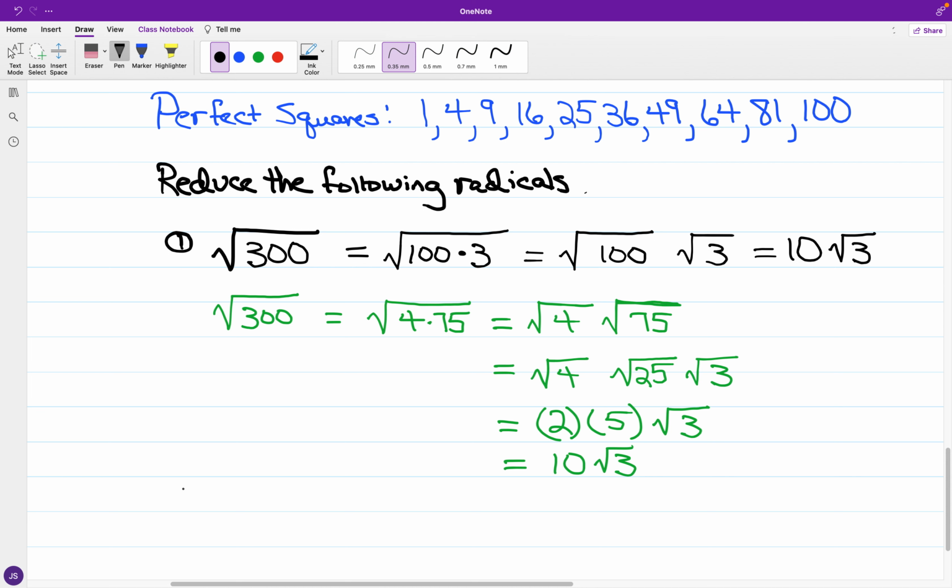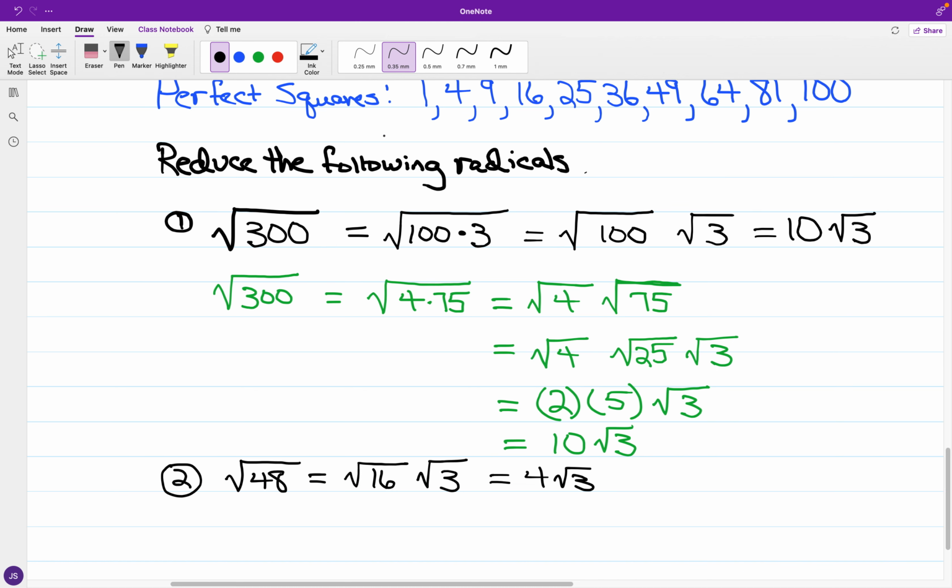And just a little case here, let's say the square root of 48. The highest of the perfect squares that we can take into 48 will be 16, and 16 will go into 48 3 times, and the square root of 16 is 4, and attaching we have 4 times the square root of 3.